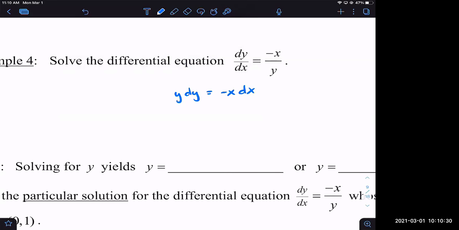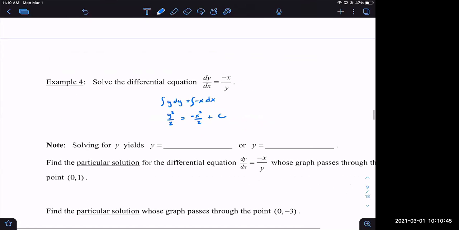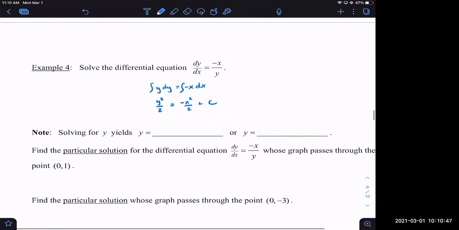After we separate the variables, we find the antiderivative of each side. The antiderivative of y is y squared over 2. The antiderivative of -x, we get -x squared over 2, and then plus c. Right now they have not given us a particular solution like a point, so we just want to solve for y. So we want to get y by itself.